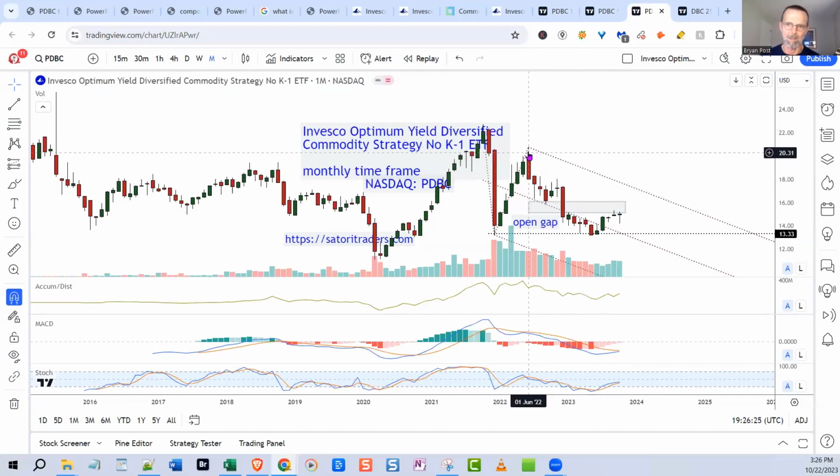Well, let's start back here. So we came down from this high, we touched the median line of this shift pitchfork, bounced, and then we zoomed through the median line and then tested it from below as resistance.